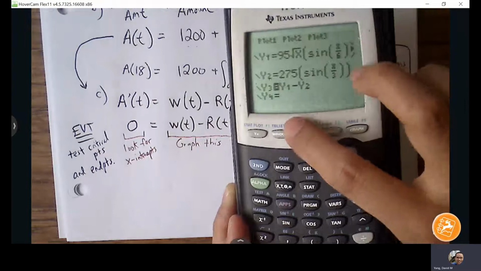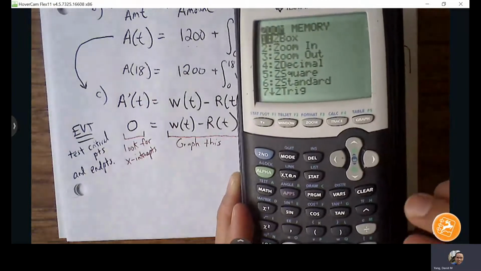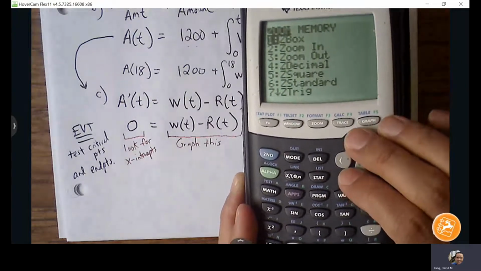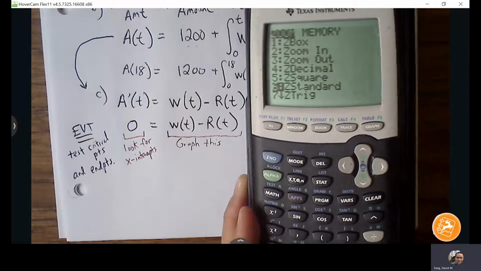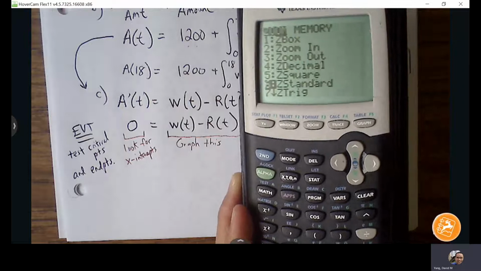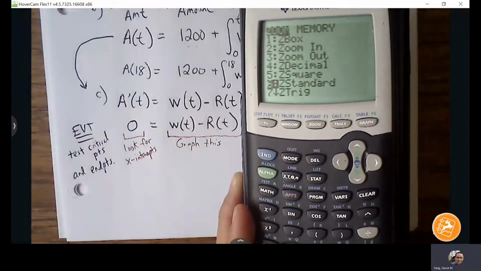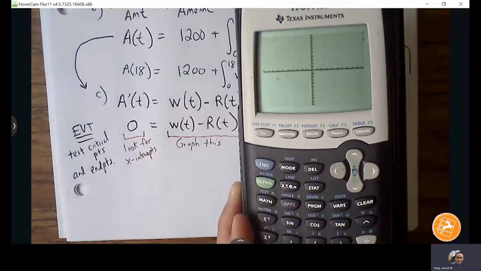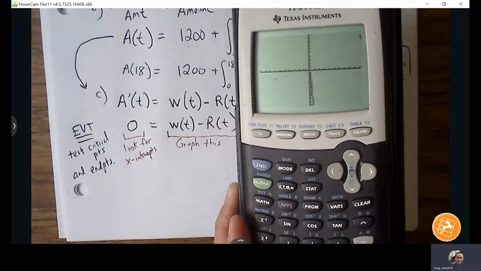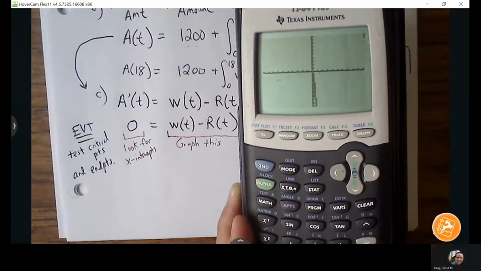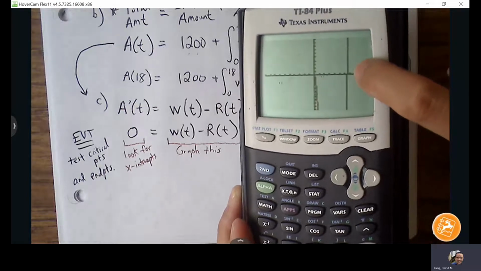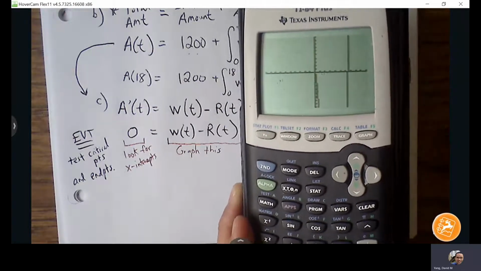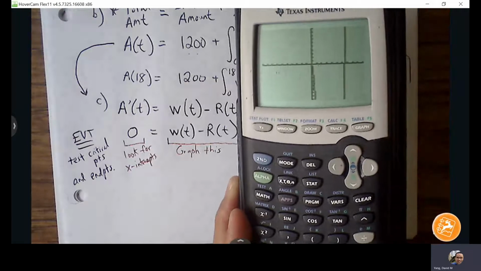When I do this, let's start off. I like to always start with zoom 6. It gives me the negative 10 to 10 window, like a standard window to begin with. If I hit enter, a lot of times it's not going to be in the proper window to let me see everything. I do see that vertical line. That just says I'm zoomed in too far. It's not because it's a vertical line, it's because I'm zoomed in too far.